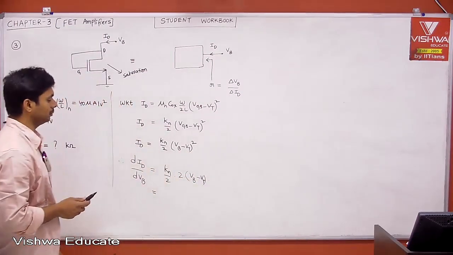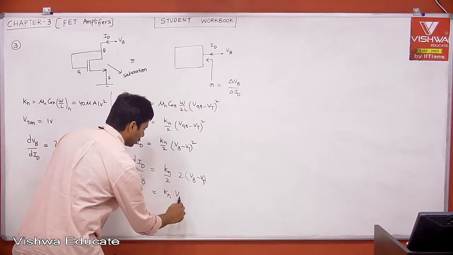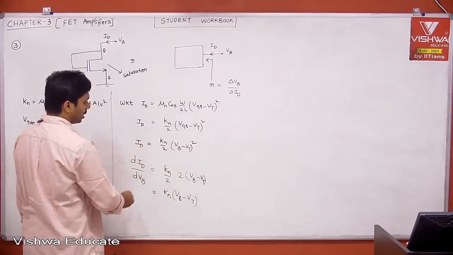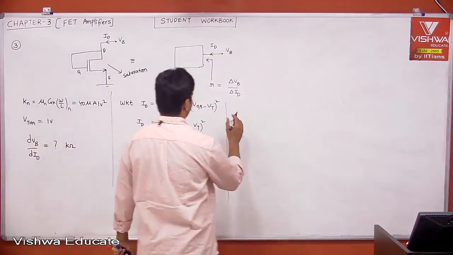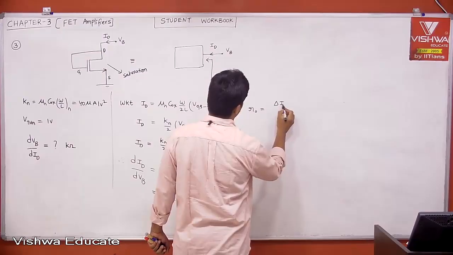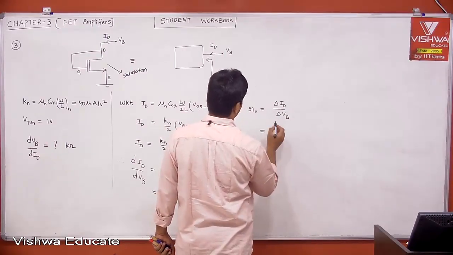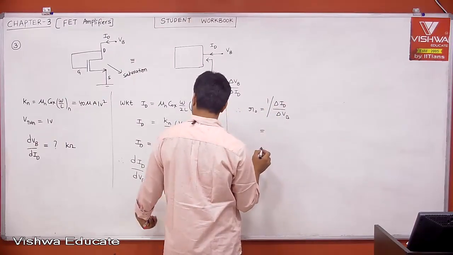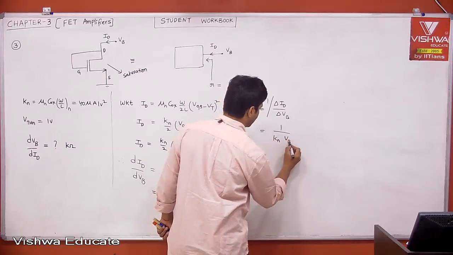Then 2 will be cancelled. It is simply Kn into (VB minus VT). This is dID by dVB. We got it. But what is R0? Therefore, R0 is equal to delta VB by delta ID, which is nothing but 1 divided by Kn (VB minus VT).